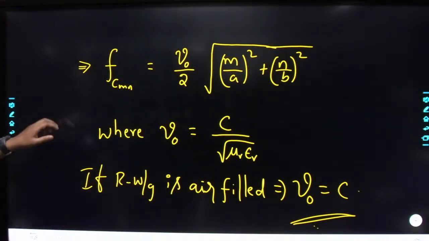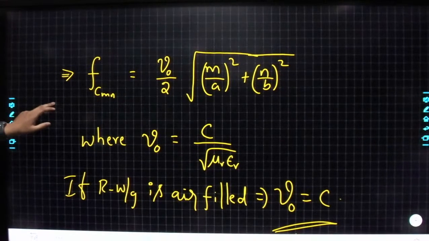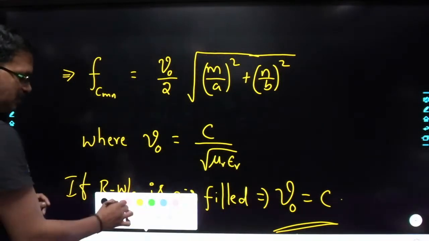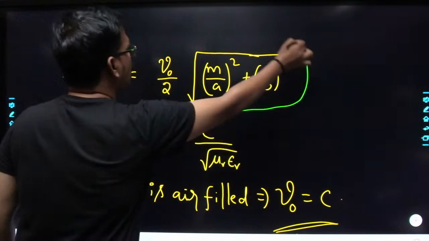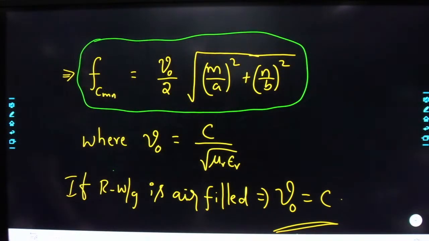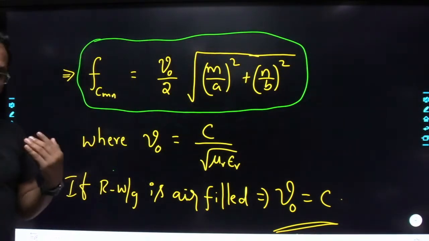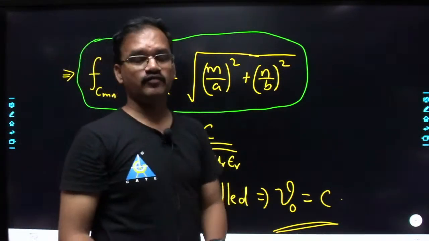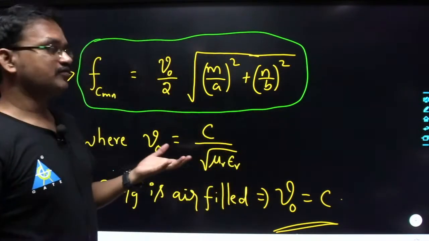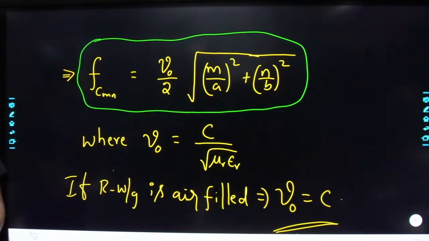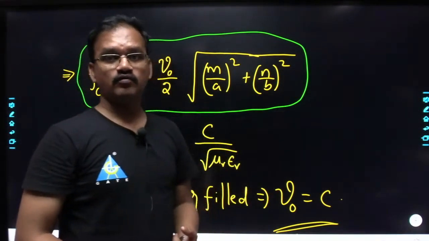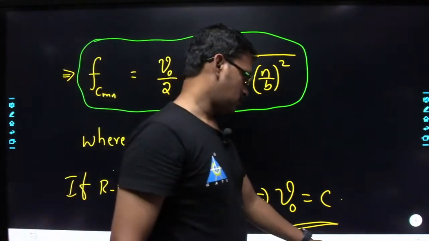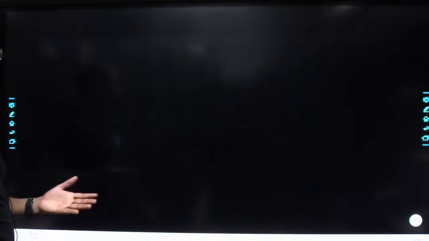So what does this cutoff frequency mean? In a rectangular waveguide, if the operating frequency is greater than this cutoff frequency, only those modes are going to propagate inside the waveguide. If the operating frequency is less than this cutoff frequency, then those modes are not going to propagate inside the waveguide. So here the rectangular waveguide is acting like a high pass filter.